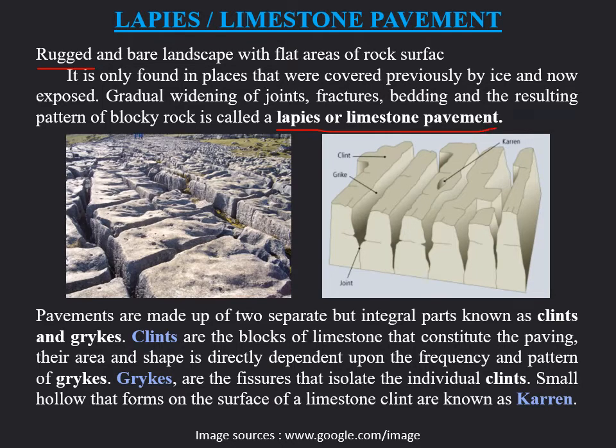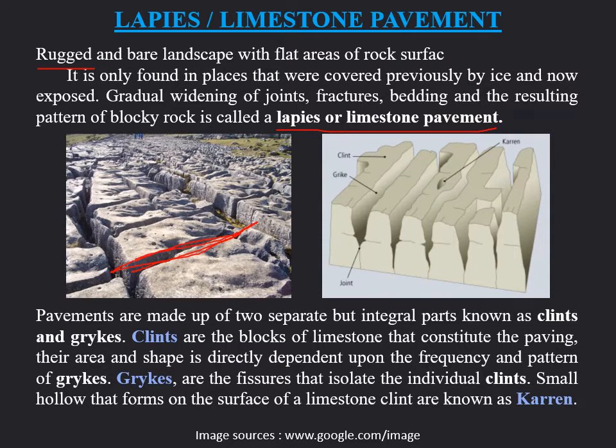If you look closely, you find that this exposed rock surface has two distinct features. One is the square shaped or rectangle shaped solid blocks of limestone or solid blocks of carbonates, and these solid blocks are separated by grooves, by linear fissures.